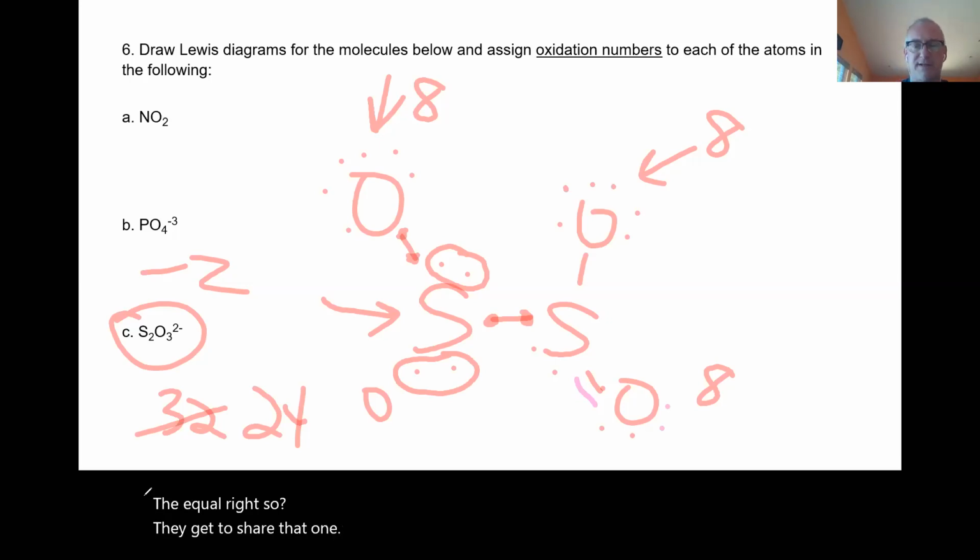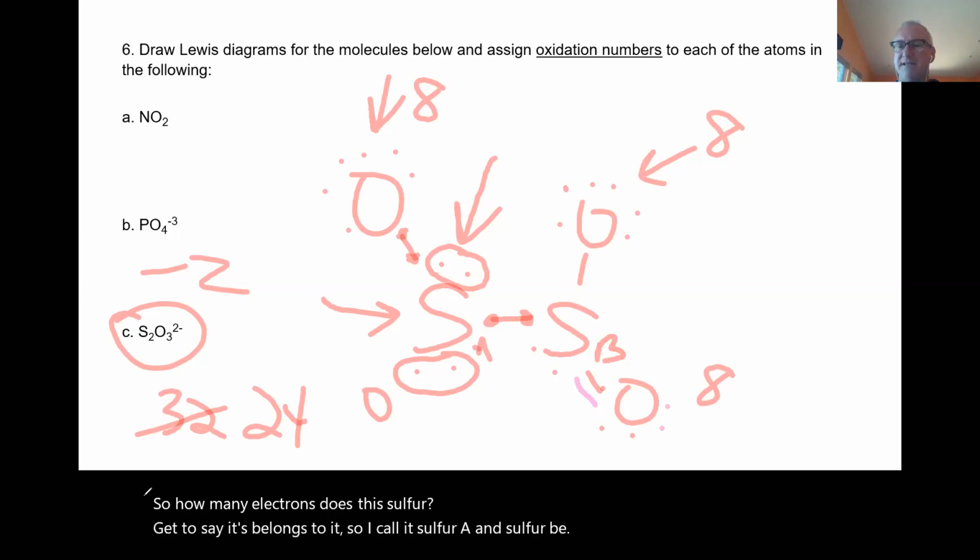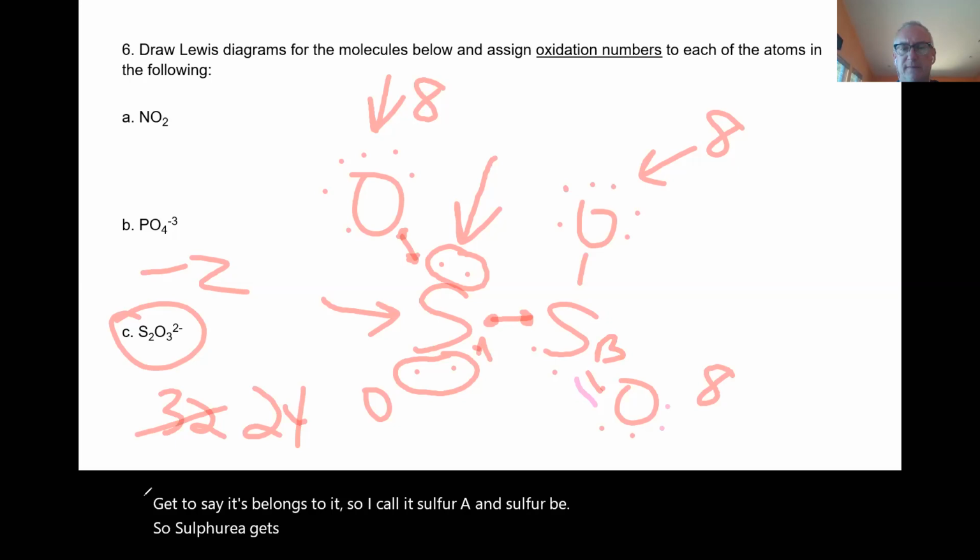So how many electrons does this sulfur get to say belongs to it? I'll call it sulfur A and sulfur B. So sulfur A gets to keep how many electrons? 4, plus that one, 5.